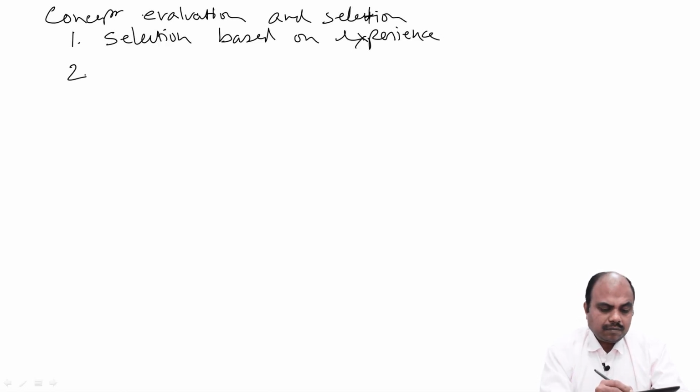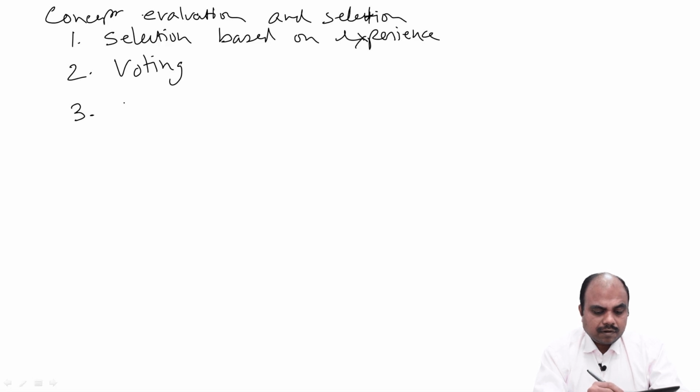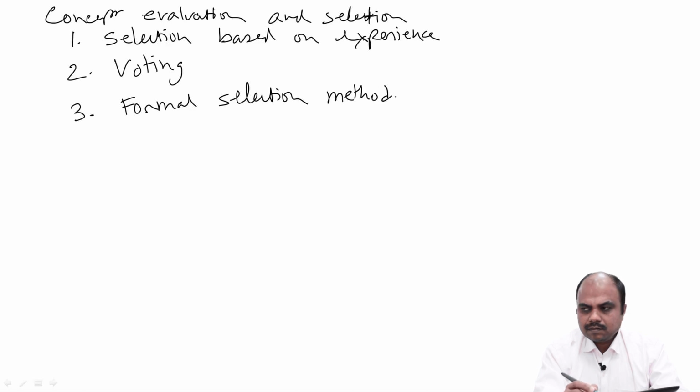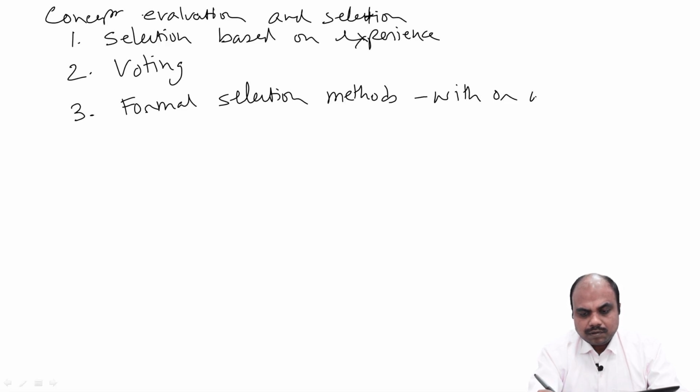The second common method used in many organizations is selection based on voting. And the third one, which we are going to learn here, is formal selection methods, with or without weights.